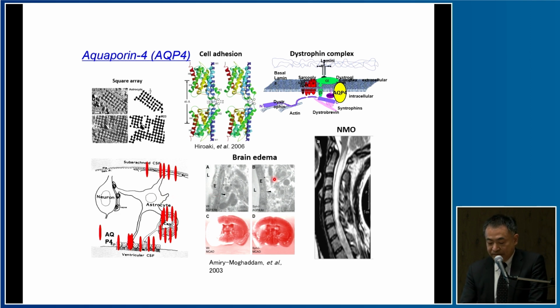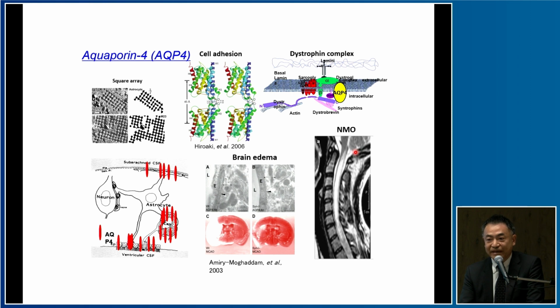Aquaporin 4 is also involved in brain edema formation on several occasions, such as stroke. And recently, aquaporin 4 has received much attention because of NMO, neuromyelitis optica, an autoimmune disease.